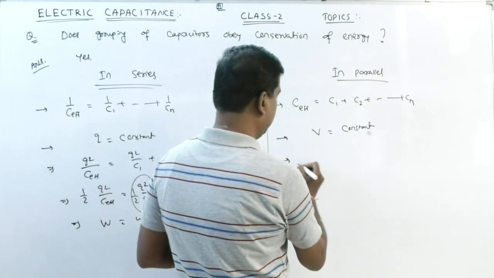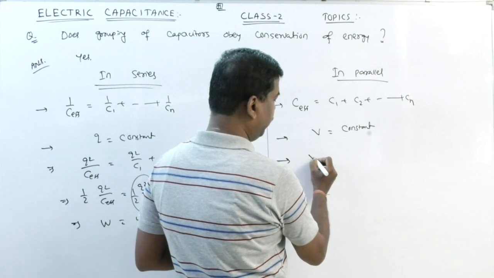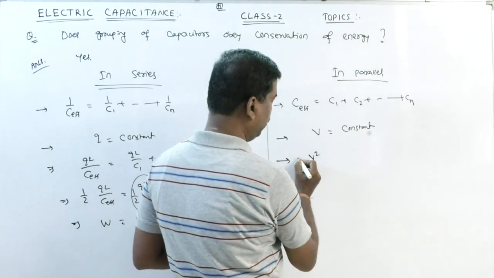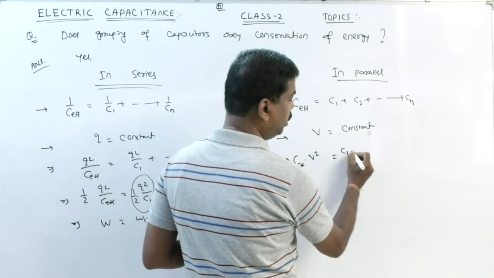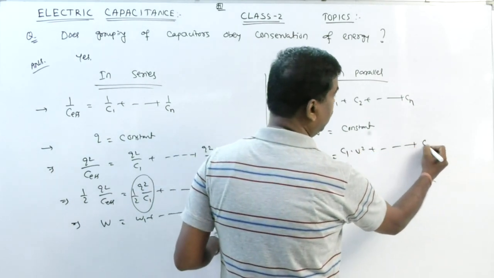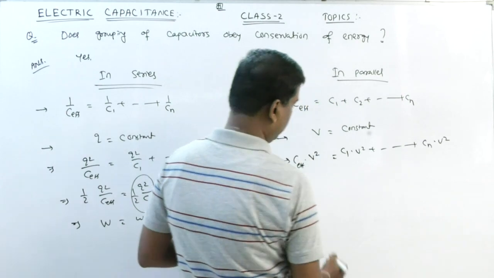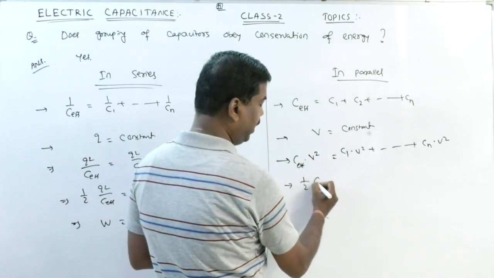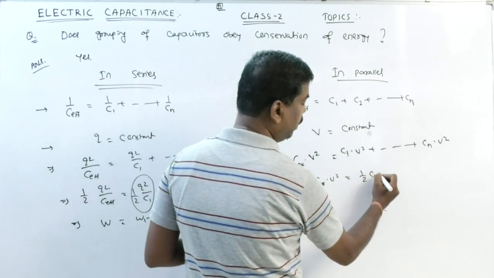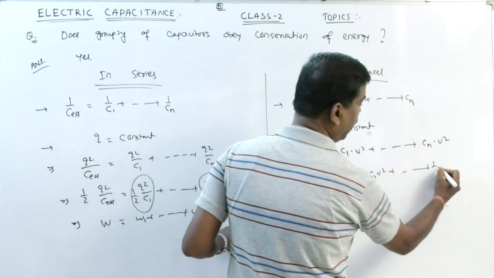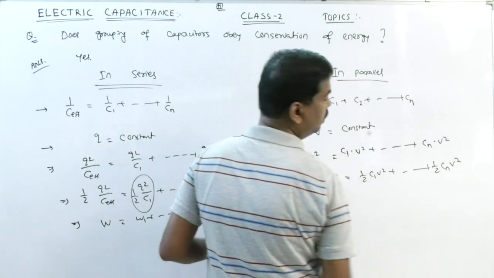Similarly, V is constant, so I can multiply by V square: C effective into V square is equal to C1 into V square plus ... plus Cn into V square. Again, multiplying by half, half C effective V square is equal to half C1 V square plus ... plus half Cn V square.